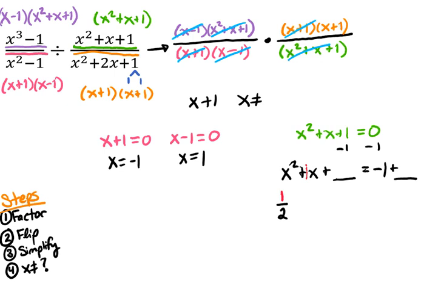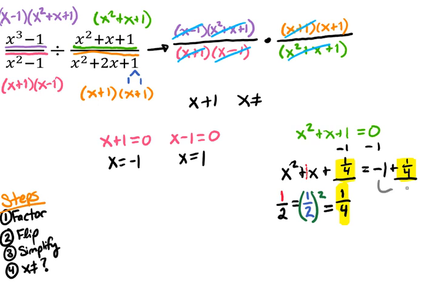Then we take that value, which in this case is going to be 1/2, and we have to square that number, which is going to give us 1/4. Now we're going to take that 1/4 and it gets added into our spaces. So we're going to put 1/4 here and 1/4 there.